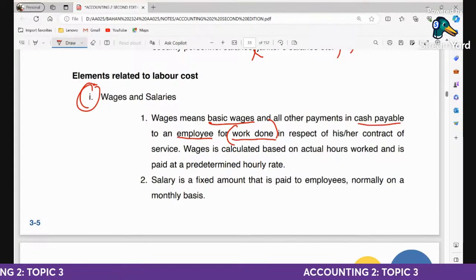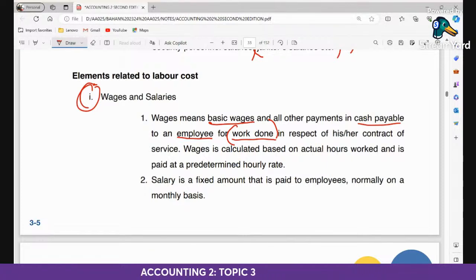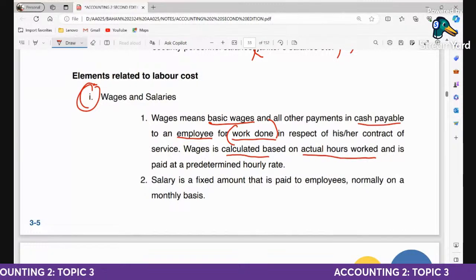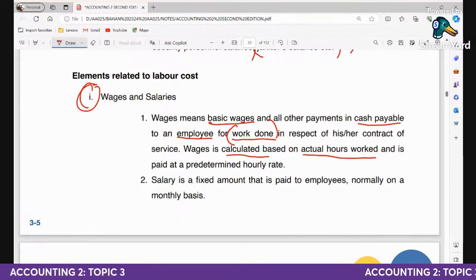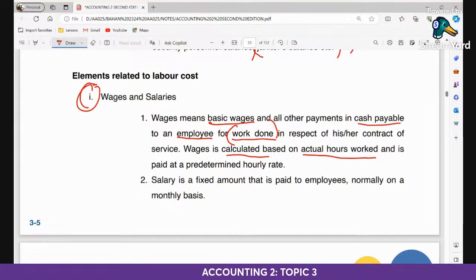So wages ni seperti yang kita pernah bincang, wages is actually calculated based on actual hours worked. So maksudnya berapa jam anda bekerja, that is actually your base to calculate your wages paid. So yang kita kena pastikan terlebih dahulu adalah the predetermined hourly rate.